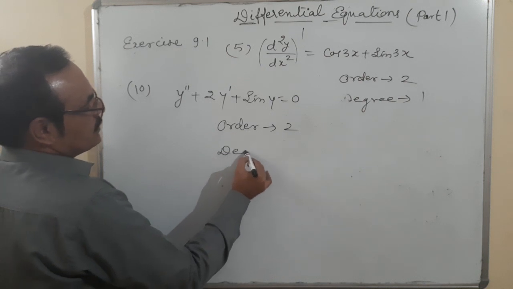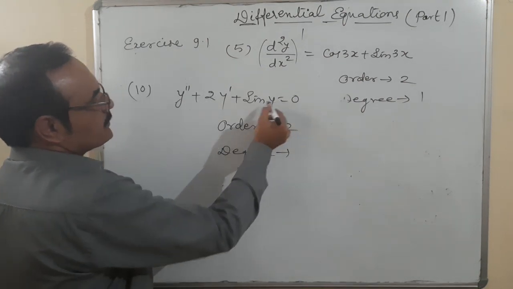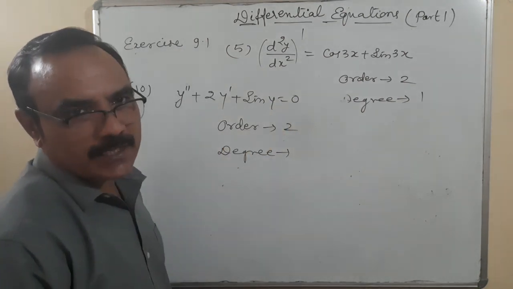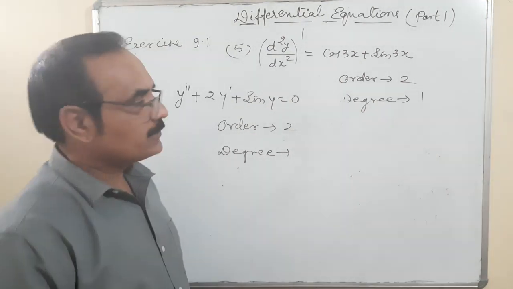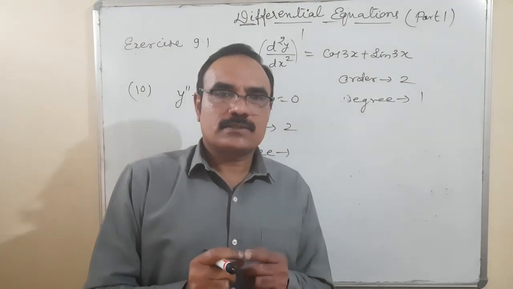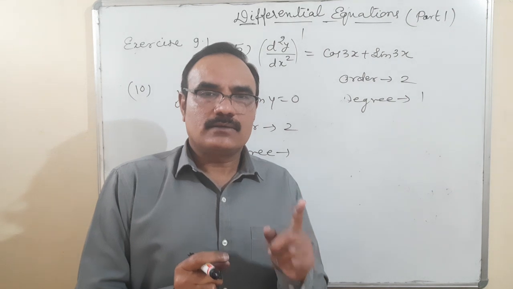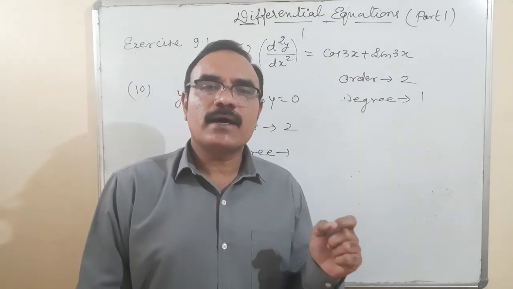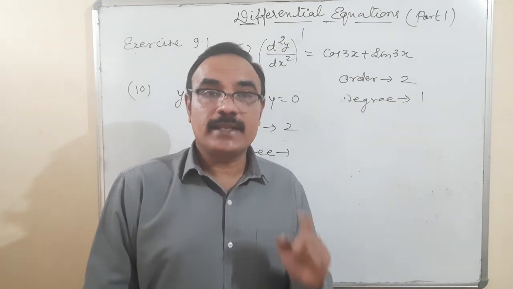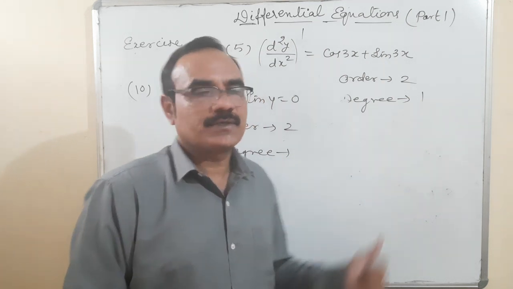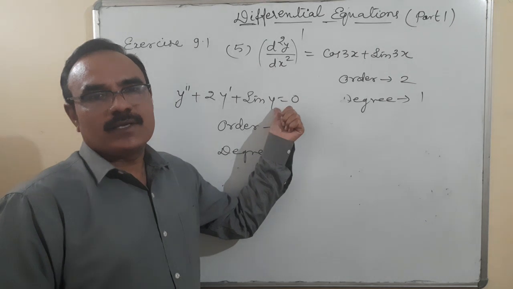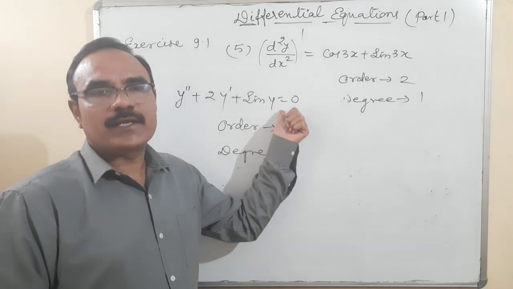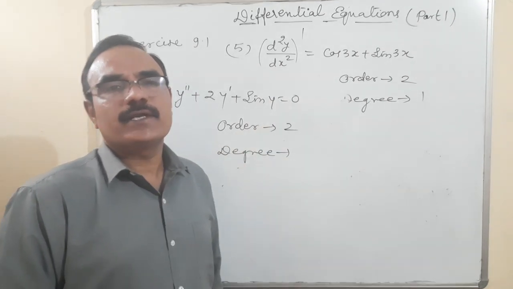Degree: defined, yes or no? You might say it is not defined because sin y is here, but I told you the derivative will not be the angle of any trigonometric term, because it's a differential equation. Variable can be the angle of a trigonometric term, but here we are talking about the derivative.